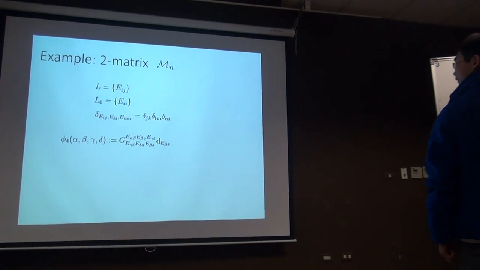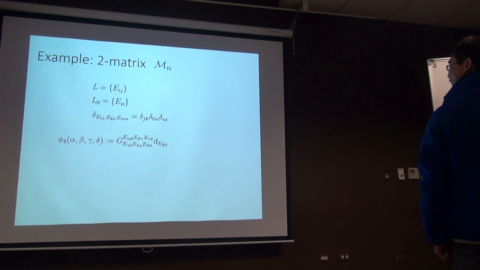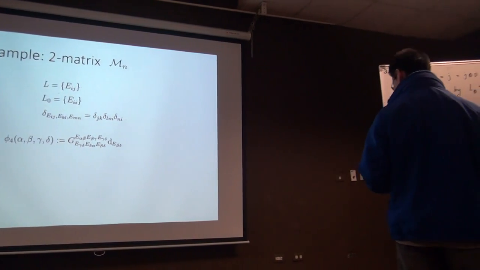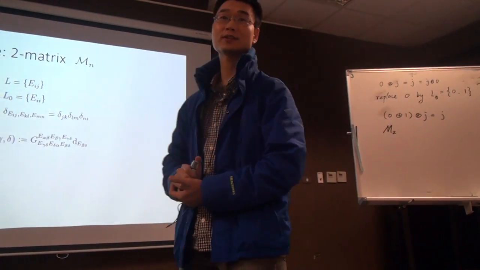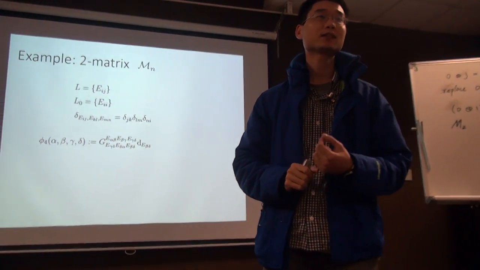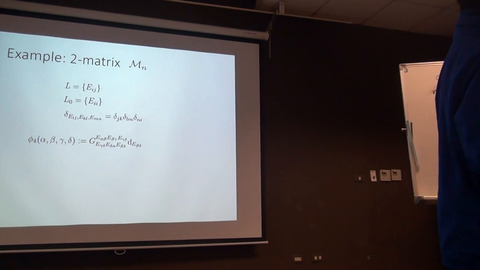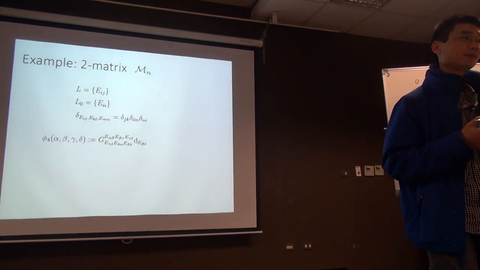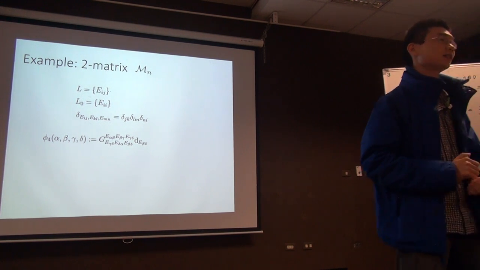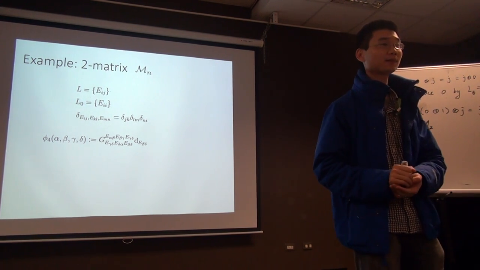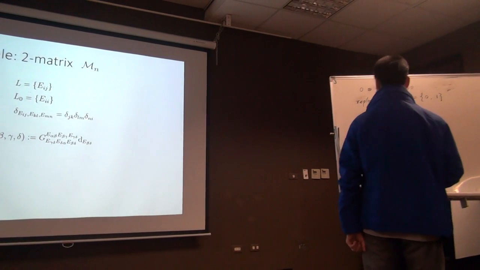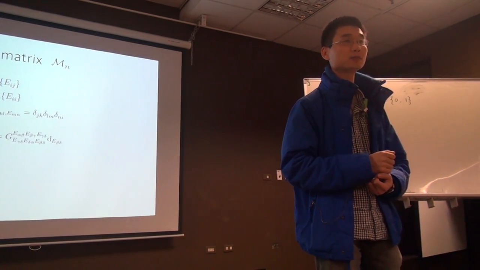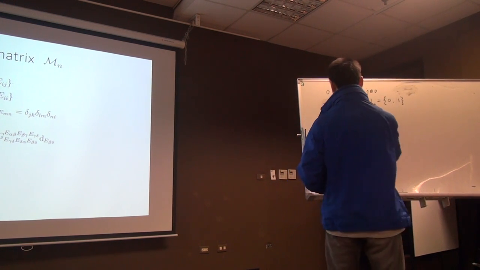This matrix. For example, N2. The N2 matrix means you can have a 2 by 2 matrix, but each matrix element is viewed as a string type. So the fusion rule is given by the matrix multiplication rule.